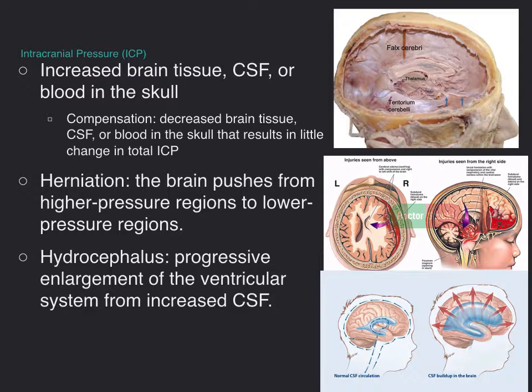If the ventricles begin to grow, you can see on the picture on the right how large they can become. And as the ventricles enlarge in children, the sutures aren't fused yet, and so it will cause enlargement of the head.